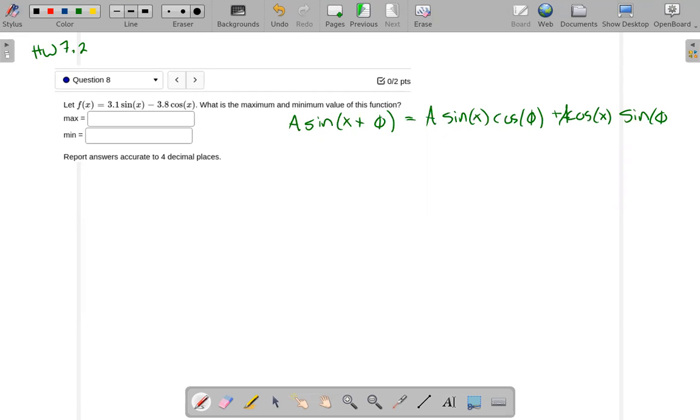And then we're going to compare that to the given expression. So the given expression has a 3.1 sine of x minus a 3.8 cosine of x. And so what we have here in our comparison is that the constant of 3.1 is going to line up with the a cosine phi, and the constant of negative 3.8 is going to line up with the a sine of phi.